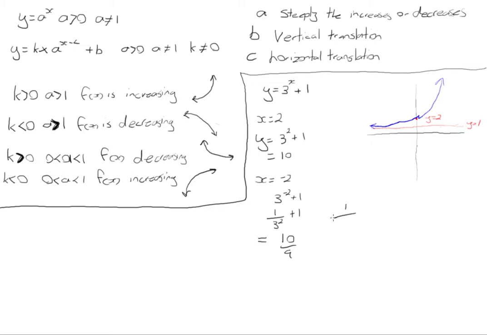So 1 over 3 squared is 1 over 9, plus 1, but 1 is just 1 over 1. We need to cross multiply or find the lowest common denominator of these two fractions in order to add them together. Now the easiest, most simple way to do that is what we call cross multiply.